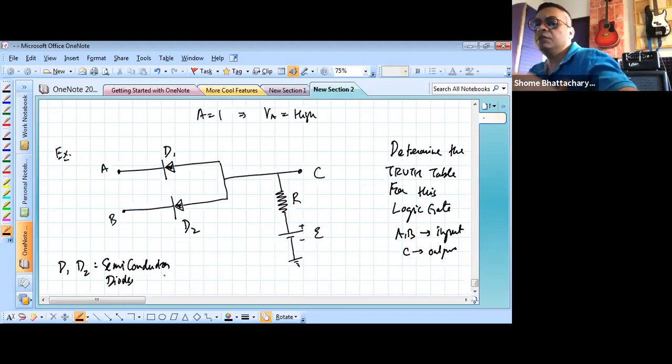Can anyone tell me which standard logic gate this is? There's some standard logic gate circuit, one of the 3 standard logical functions that we studied. Not the extended ones, but one of the basic ones. Which one does this implement?